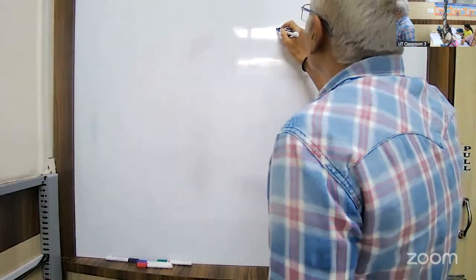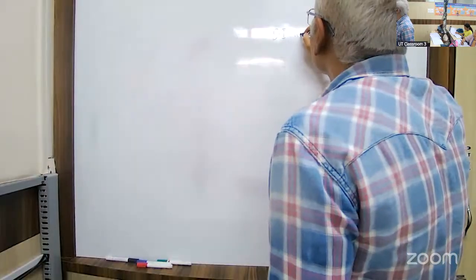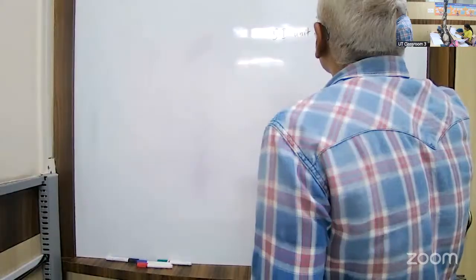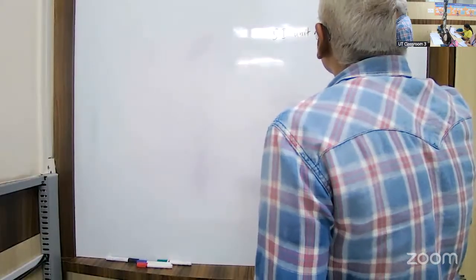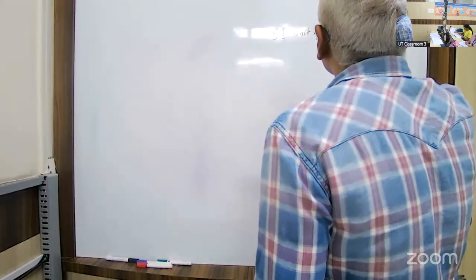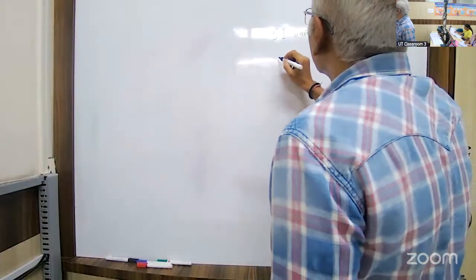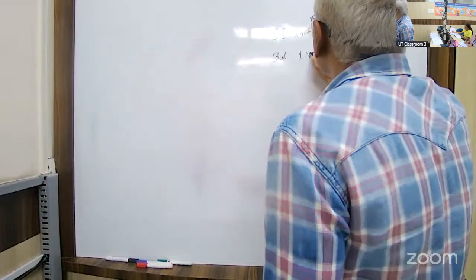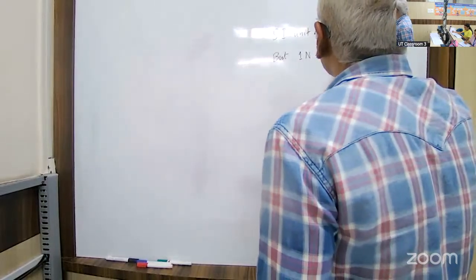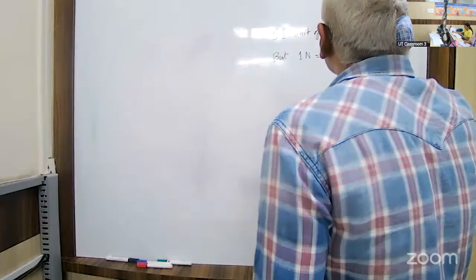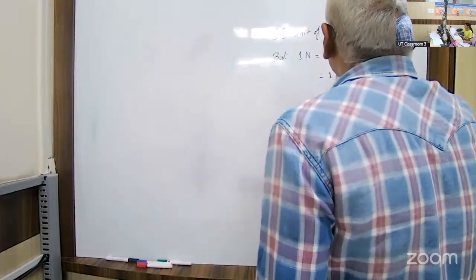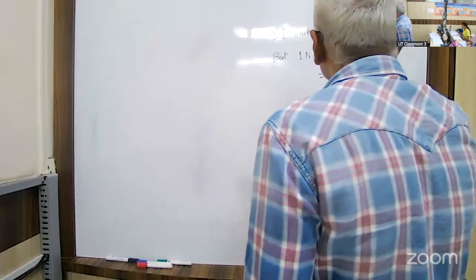So the SI unit of force is Newton. 1 Newton is equal to 1 kilogram meter per second square, which is equal to 1000 grams times 100 centimeters per second square.